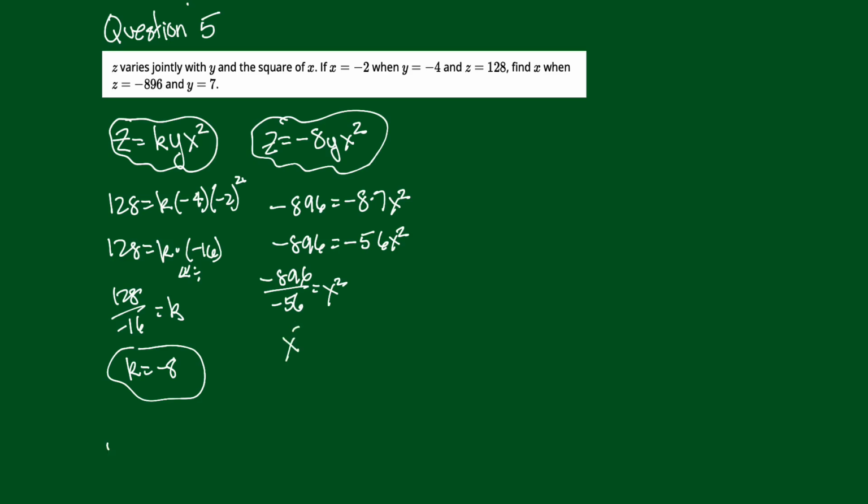So x squared is equal to 16, and if we square root each side here, we'll get the absolute value of x equals 4. Remove the absolute values. Now we'll get x equals plus or minus 4. Or if you like, x is equal to 4 and negative 4.